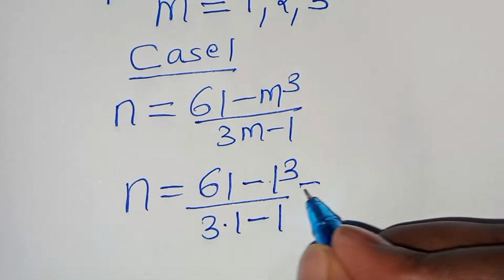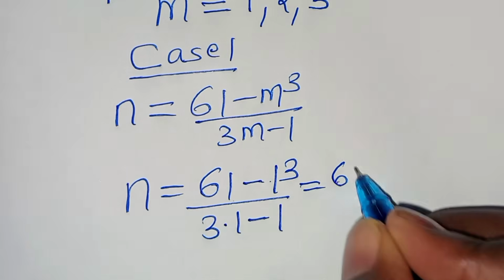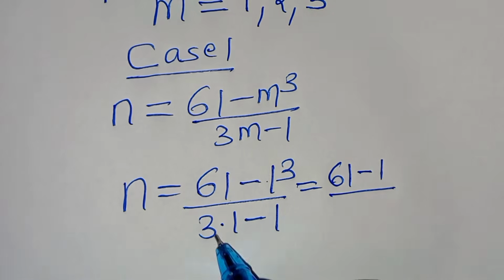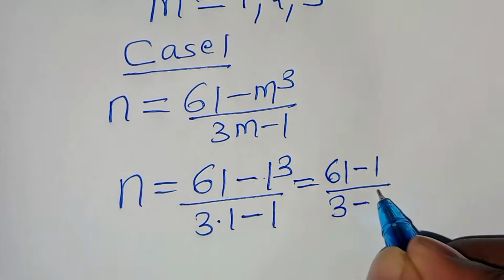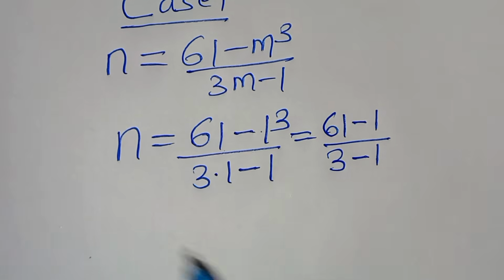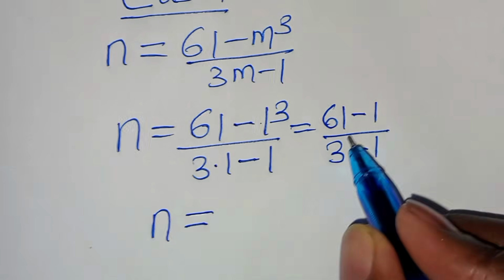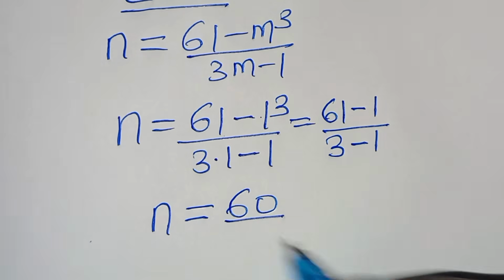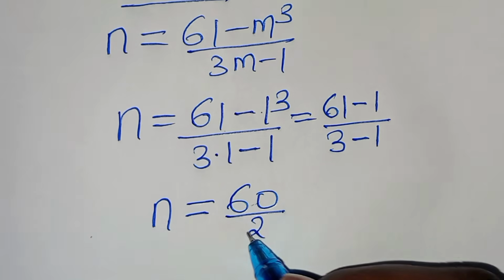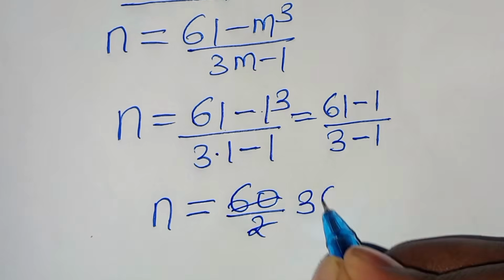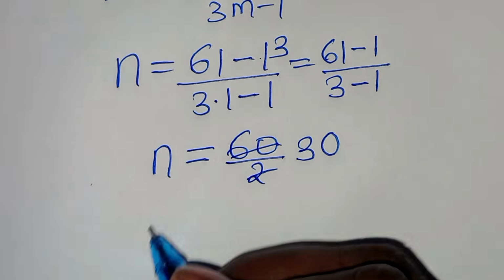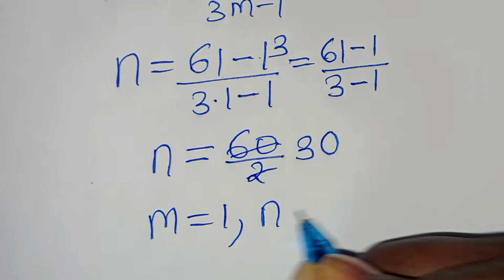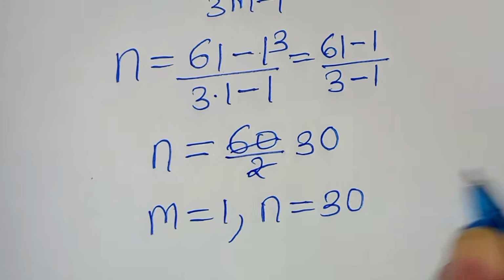So this is 61 minus 1, which is 60, divided by 3 minus 1, which is 2. So 60 divided by 2 is equal to 30. So in case 1, we have m equal to 1 and n equal to 30.